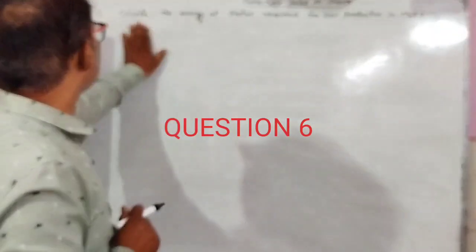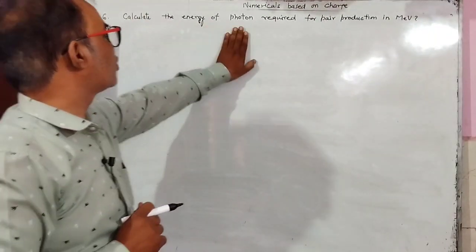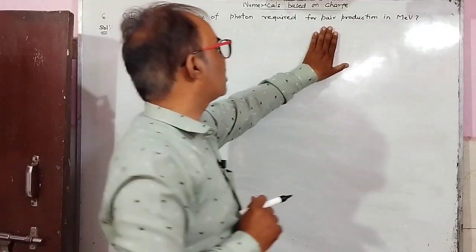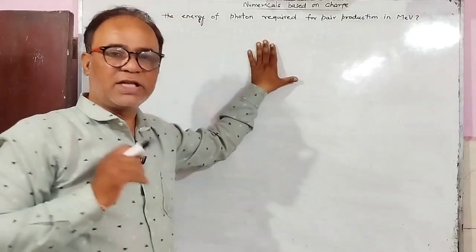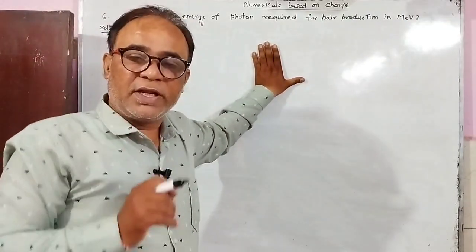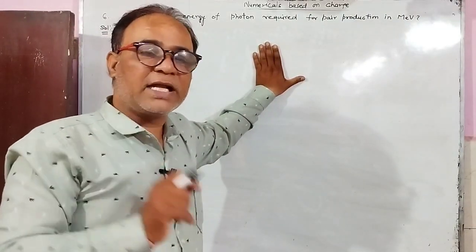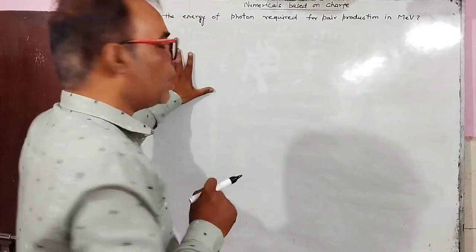Here we have to calculate the energy of photon which is required for pair production in million electron volt. That means we need to calculate the energy possessed by the gamma ray photon.